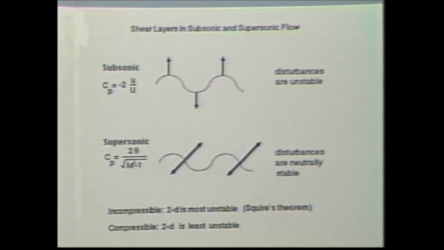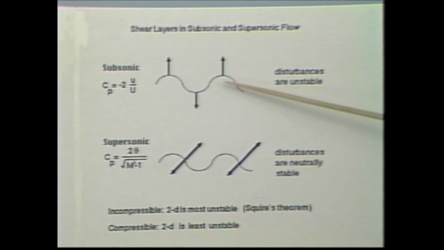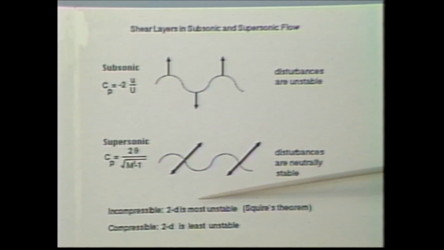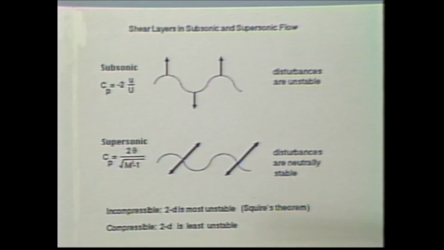Now, indeed, the first thing you say is, all right, we know there's a famous theorem in incompressible flow. It's called Squire's theorem. It tells you if you calculate the stability of a two-dimensional flow, it turns out that the two-dimensional flow is the most unstable case. So if you show that it's unstable in 2D, then you know that that's a limiting case for a real three-dimensional flow. This doesn't hold true in compressible flow.